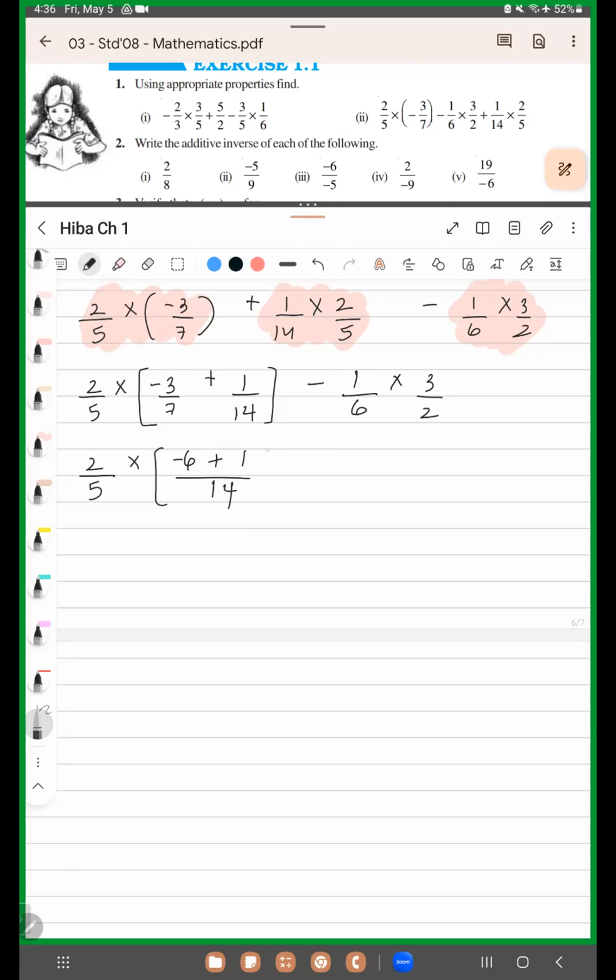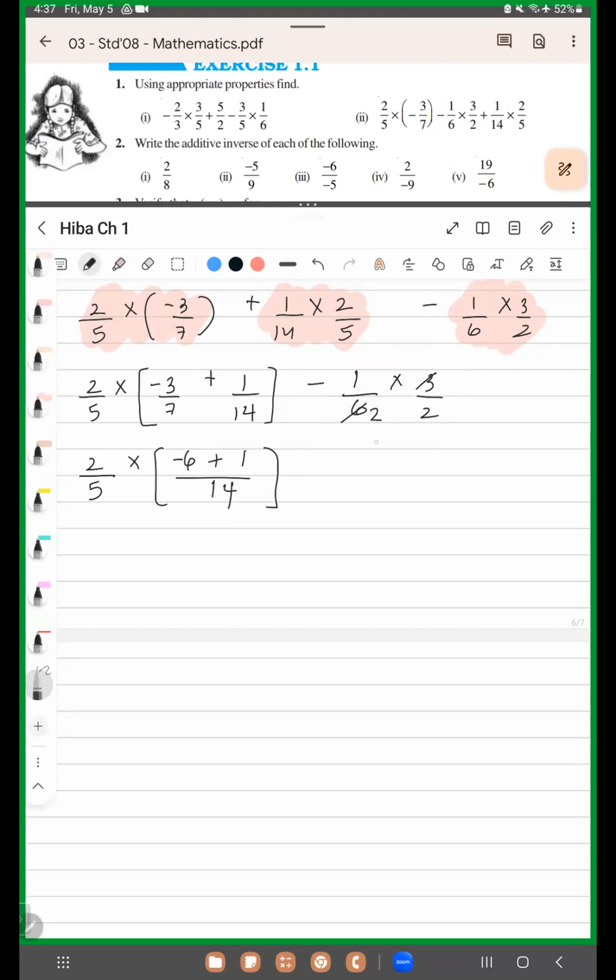Okay. Now what do we have over here? Minus 3 by 12. Okay. Can we cancel this 3 and this 6? Can we say that 3 ones are 3 and 3 twos are 6? We don't cancel them.